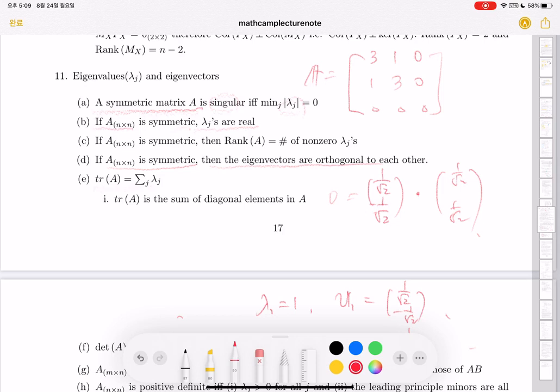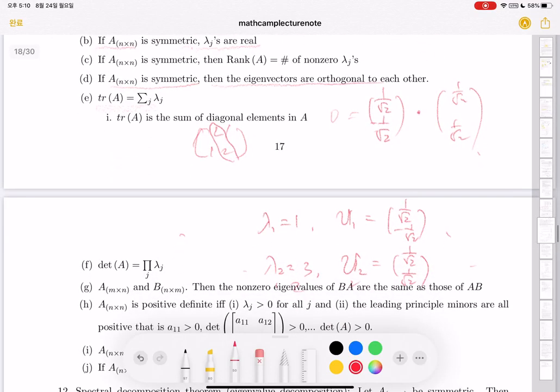Eigenvalues were 1 and 3, and A was 2, 1, 1, 2. The trace is the sum of diagonal elements, so the trace of A is the sum of eigenvalues. Determinant of A is the product of eigenvalues. Here, our eigenvalues were 1 and 3. Determinant is 4 minus 1, which is 3. So, verified.